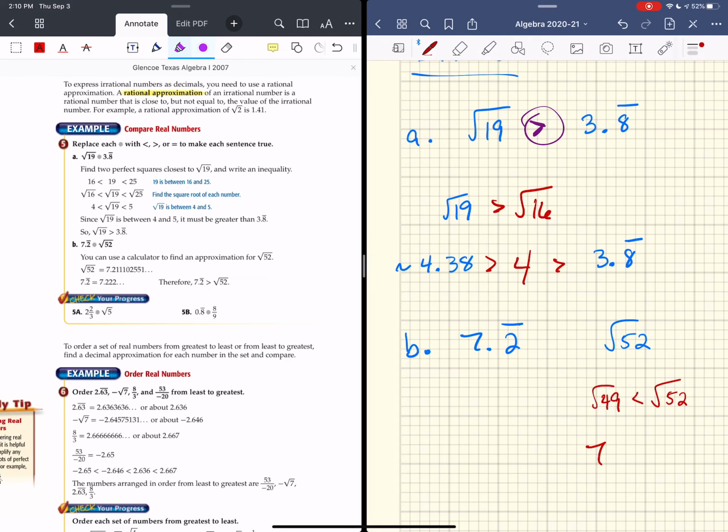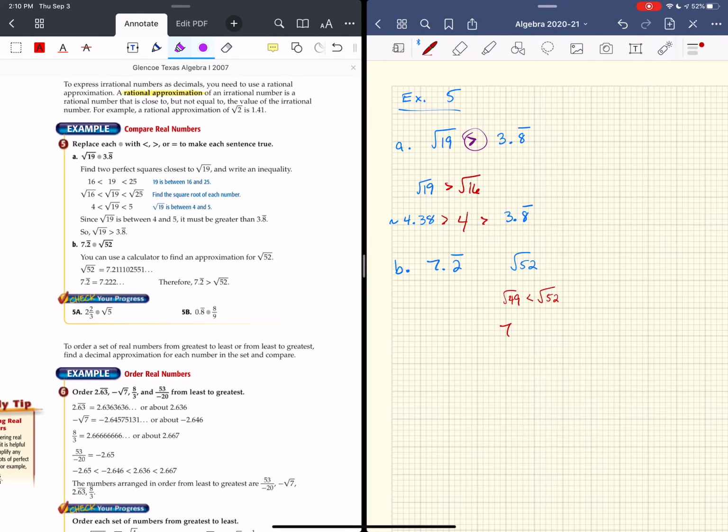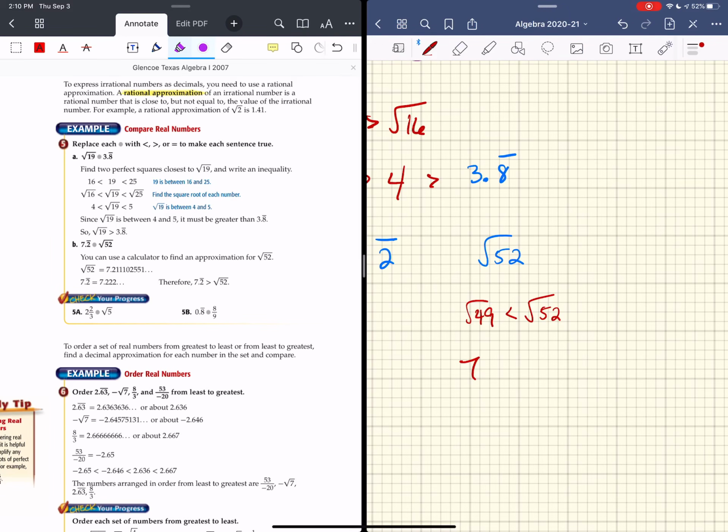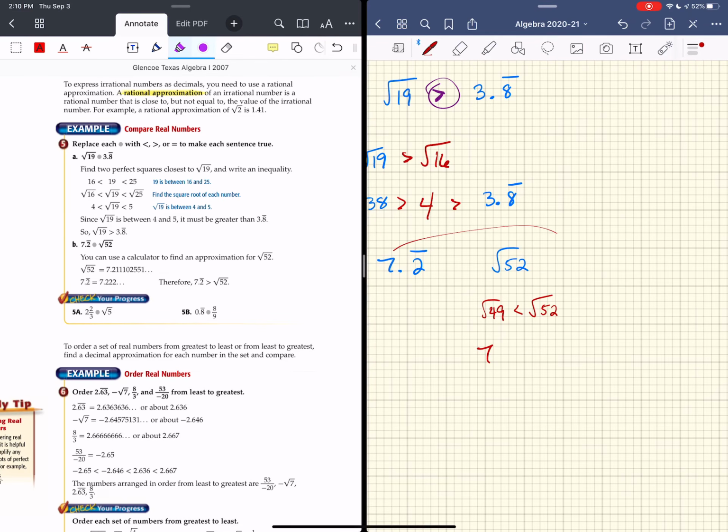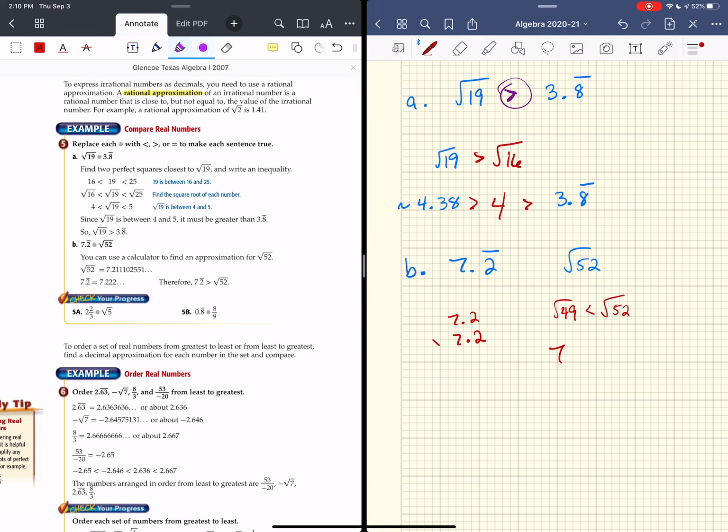It's 7. Oh, sorry, actually, this doesn't end up helping me in this case. So I know that the square root of 52 is something a little bigger than 7. I think I'd have to go to the calculator, though, because these look like they're going to end up being pretty close to me. Like 7.2 times 7.2, if I was just trying to compare that directly.